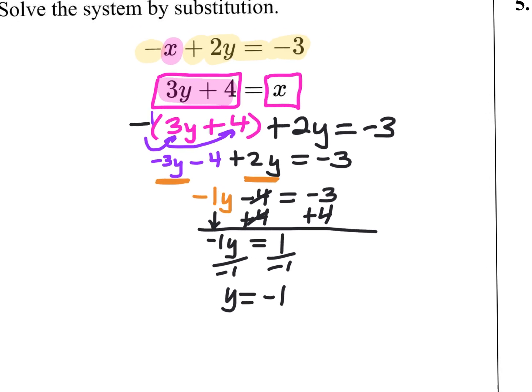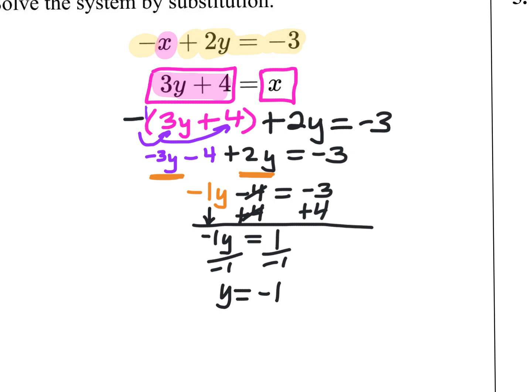Just like in the previous example, we can't graph a coordinate with just a y coordinate. We also need an x coordinate. So once again, I'm going to take my equation that is solved for x, and that is the one I am going to use.